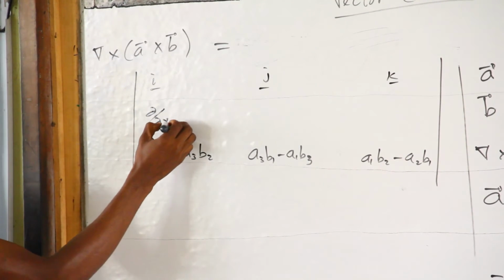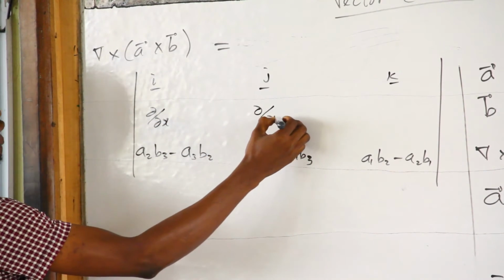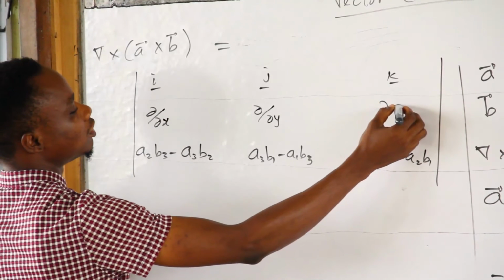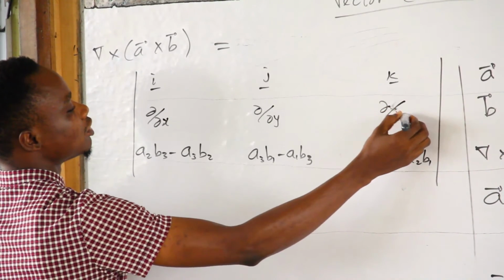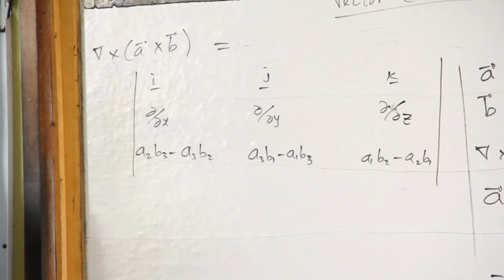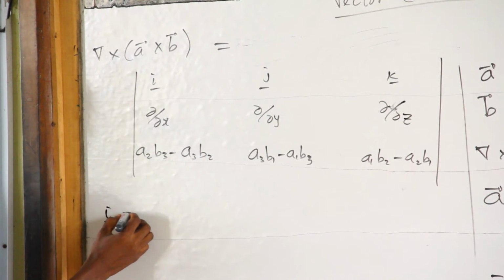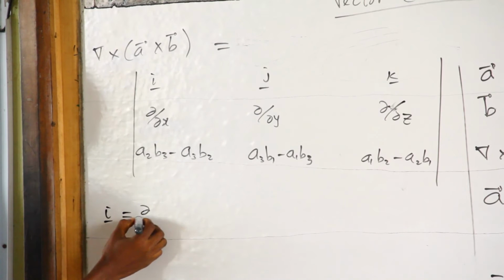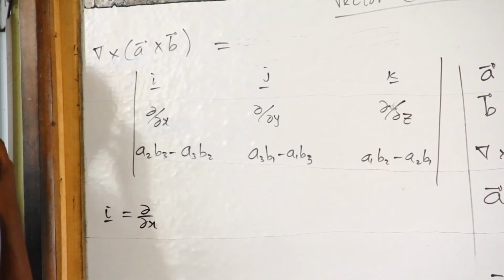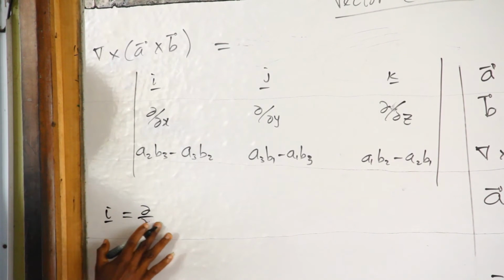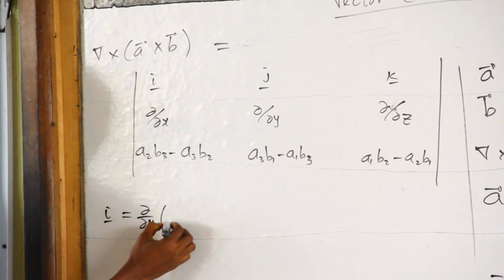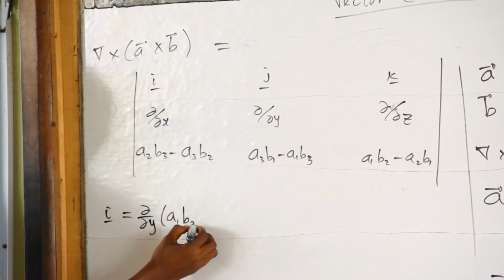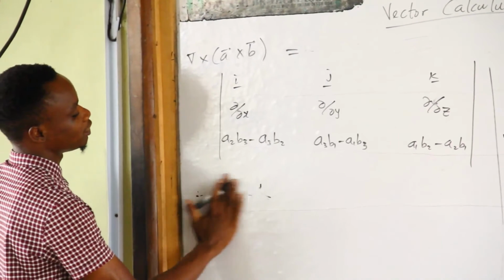Del x, del y, del z. So the i component is going to be what would this give me? It's going to be del y of A3 B1 minus... Let's pick them component by component.